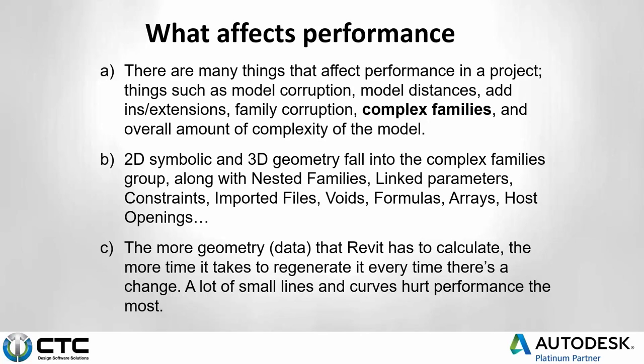So the only way to solve this model corruption is to send it to Autodesk, and they can fix it, and they have the necessary tools to do it. However, if the model is able to be opened, we also have tools that can check and find those corrupted families, and then we can make recommendations for that. But at the end, everything comes down to a family being corrupted.